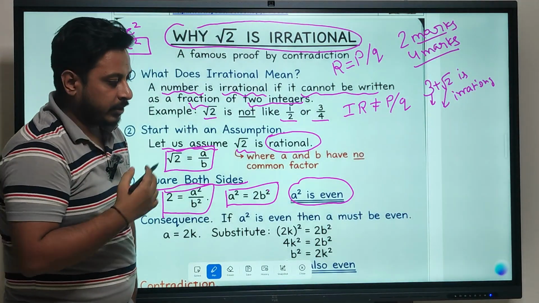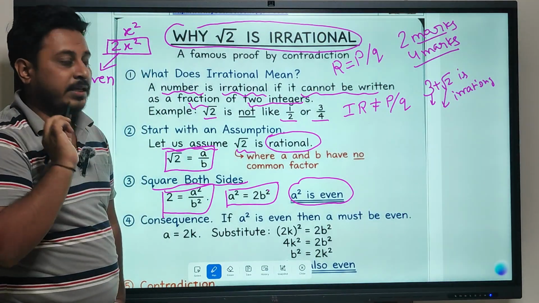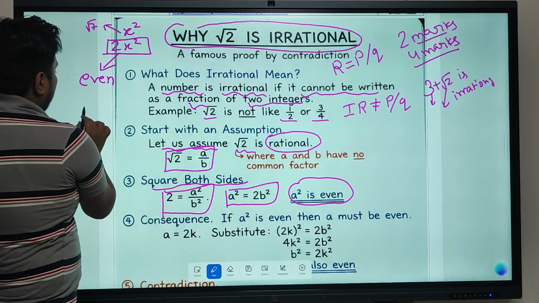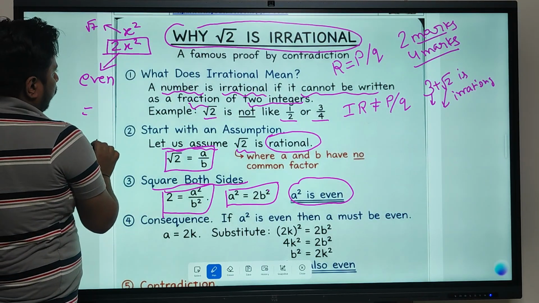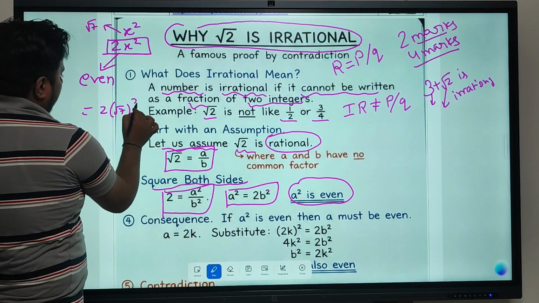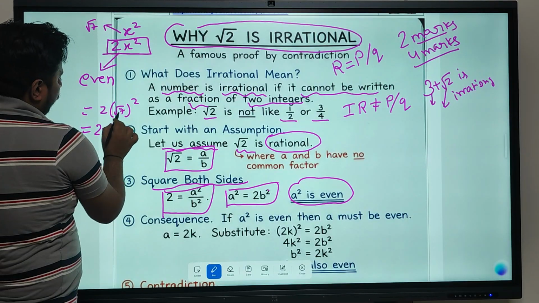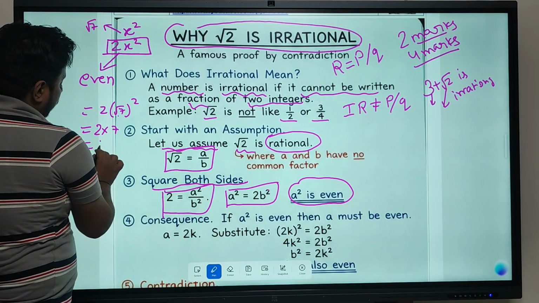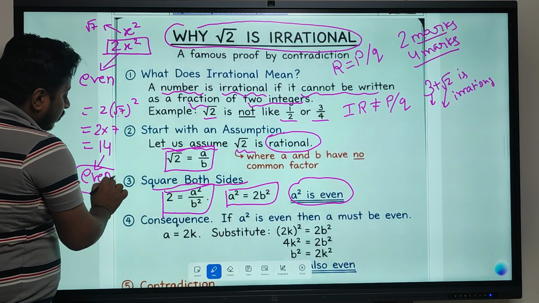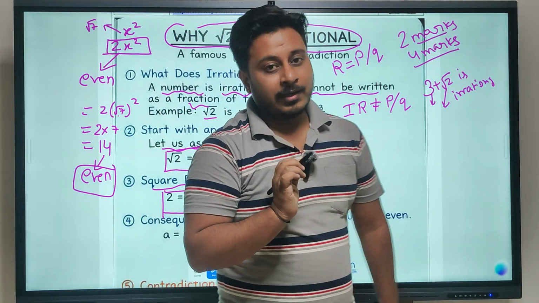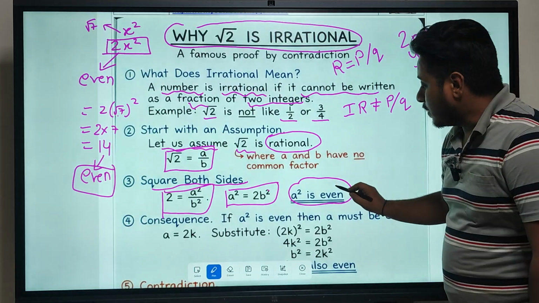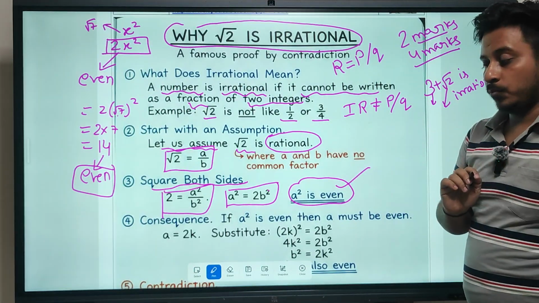You can take any example. For example, I am taking x equals root 7. Then the square of root 7 gives 2 times root 7 whole squared, that is 2 into 7, which equals 14. 14 is an even number. Because of that, when we write a square equals 2b square, it means that a square is even. I hope you get this point.